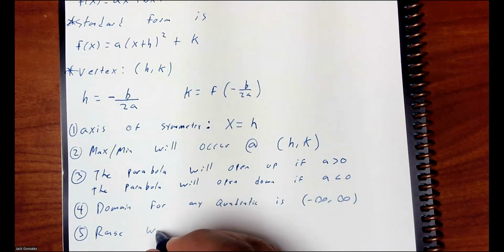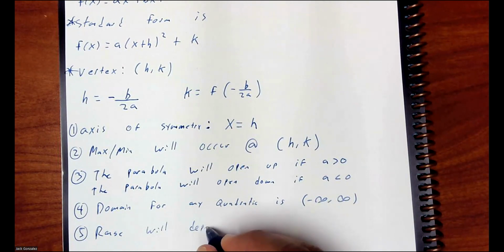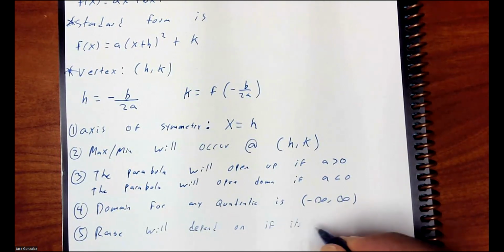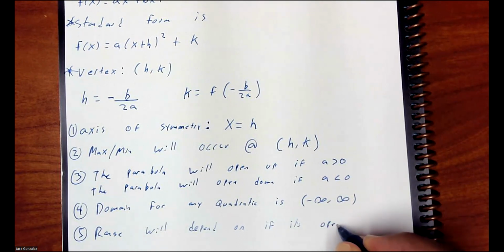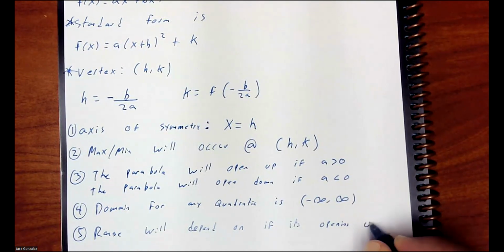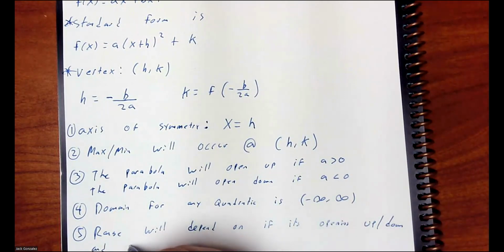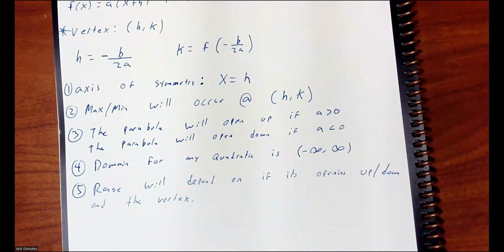Range will depend on if it's opening up or down, and the vertex. So it just depends, really. I would say graph it. If it's opening up, then you know that the range will go to infinity, but there's a minimum point.